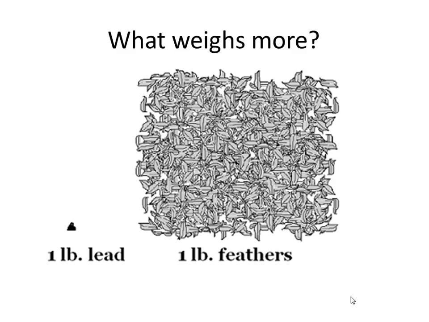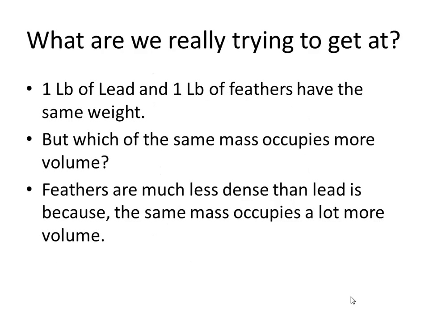The feathers. Why? What about the density? Which one's more dense, the lead or the feathers? The lead has a higher density. That's the point I'm getting at here. So the lead, more mass is in a smaller volume. The same mass is in a bigger volume, so it's less dense for the feathers.